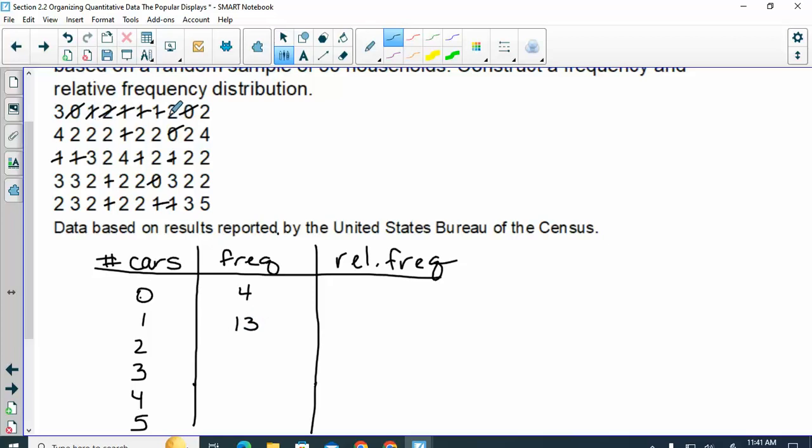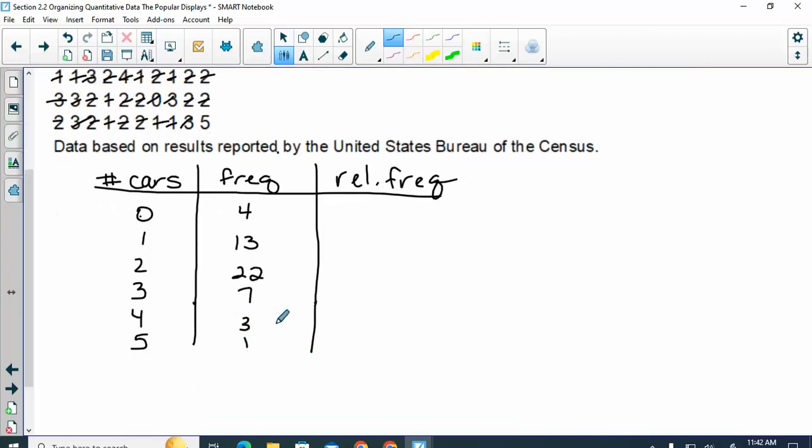Are you guys double checking my math here? Or my counting? Twos. 7 threes. 3 fours and a 5.